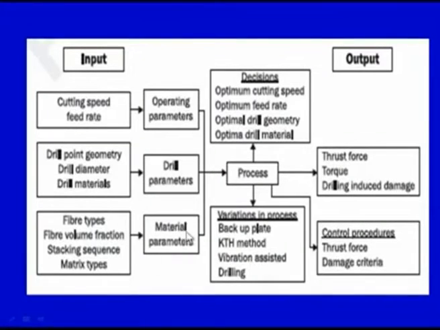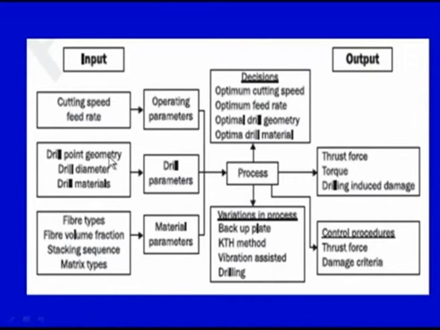So I have somehow made a case out of the total diagram that is there on your screen. One particular case is the material is glass fiber, the matrix is epoxy. So my material parameters are fixed: the fiber type is glass, fiber volume fraction suppose 60%, stacking sequence is normal, all layers are made up of glass fiber only, and the matrix is epoxy. So glass fiber reinforced epoxy matrix, one material.